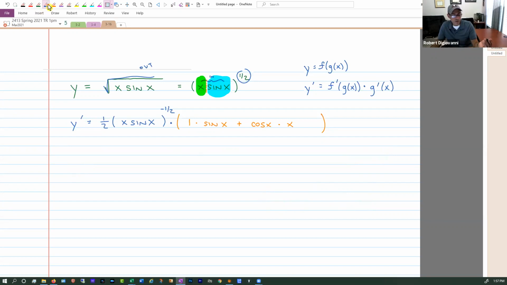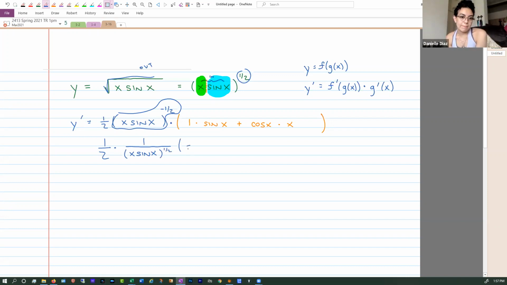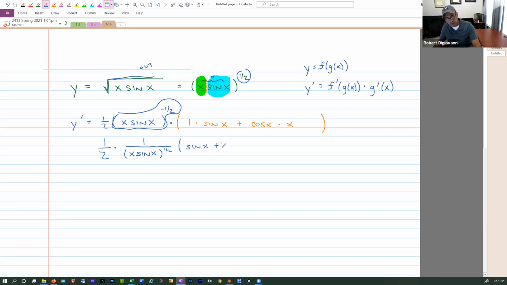Here's what I would do to simplify this. I'd leave the 1/2 here. This is all being raised to a negative power, so I could drop it down, so it becomes 1 over that to a positive power. And then those two out here would just become sine x plus x cosine x. You okay with that step?